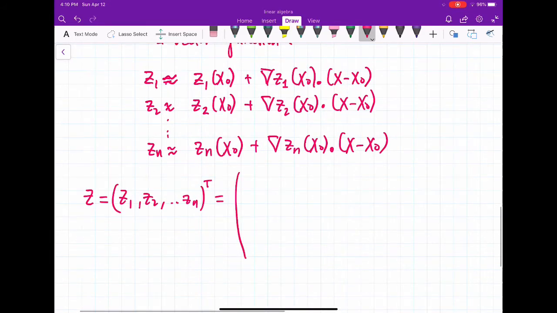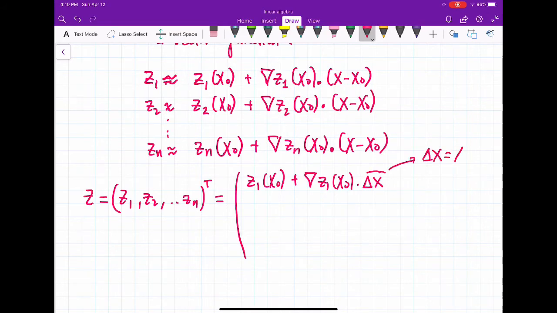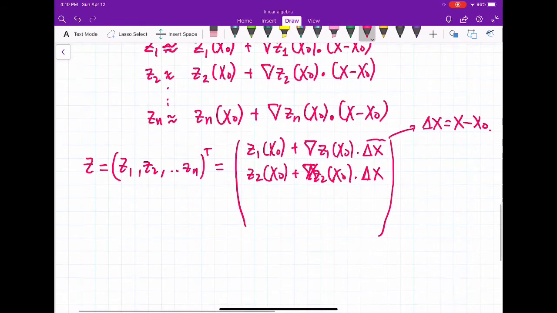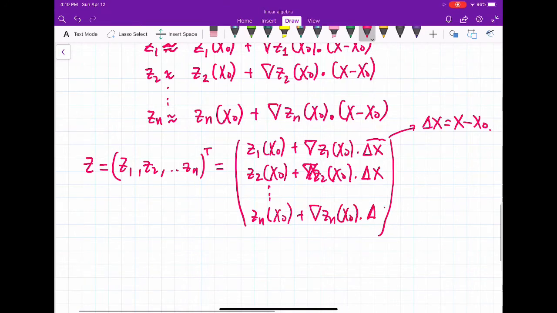So I have the following: z1 at x0 plus the gradient of z1 at x0 times delta x, where delta x is x minus x0. And in the second row I have z2 at x0 plus the gradient of z2 at x0 times delta x, and so on to zn at x0 plus the gradient of zn at x0 times delta x.